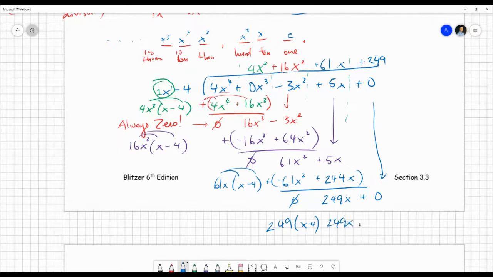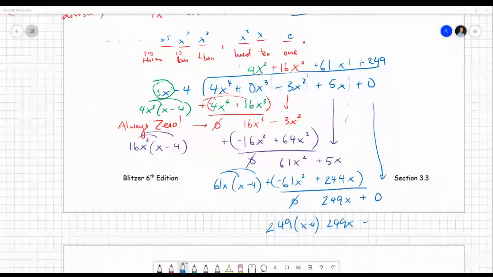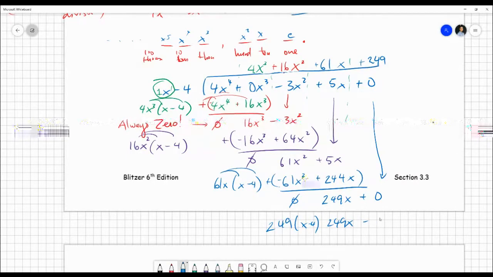So 249x minus, let's see, what is 249 times 4? Gives you 996. Don't forget to subtract. So we change our signs. So 0 here and positive 996.